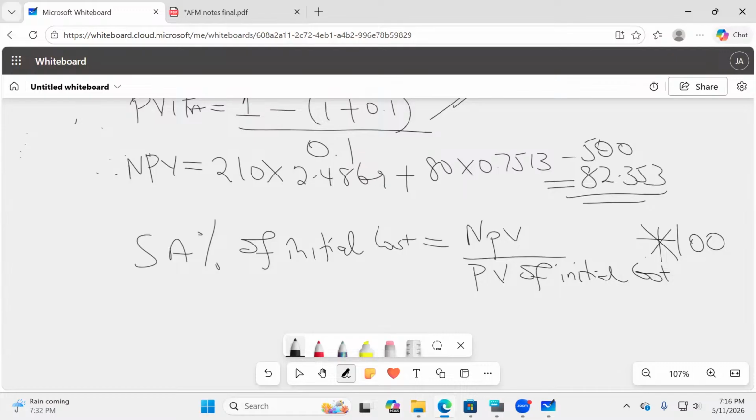So therefore, the sensitivity analysis of this initial cost will be the NPV we got, 82.353, divided by present value of the initial cost, which is 500, times what here, somebody? 100. Times 100. Let me see what my online students are telling me. They are already getting this as 16 point what here? 47.